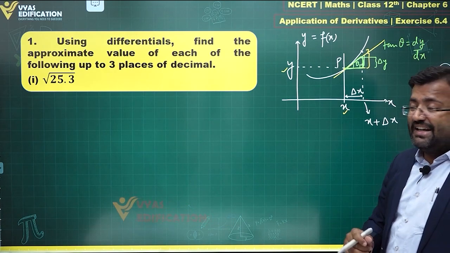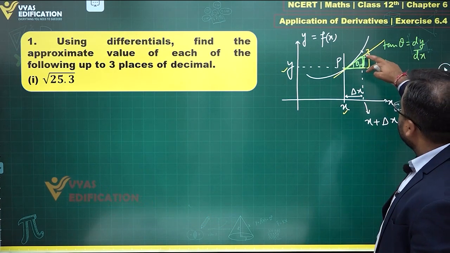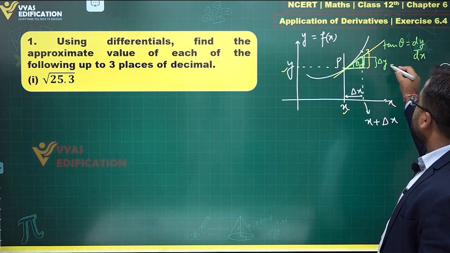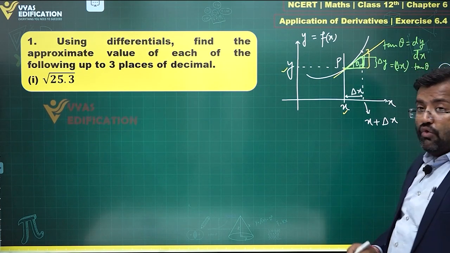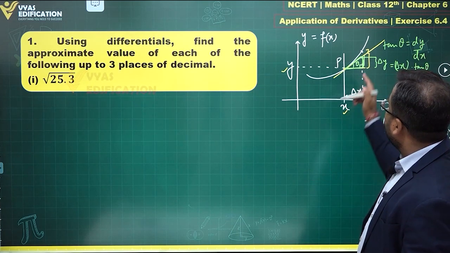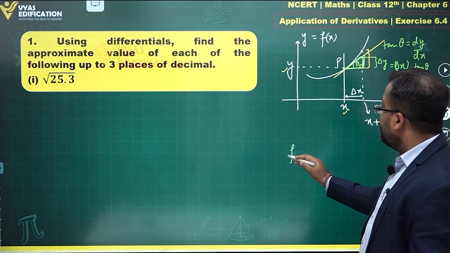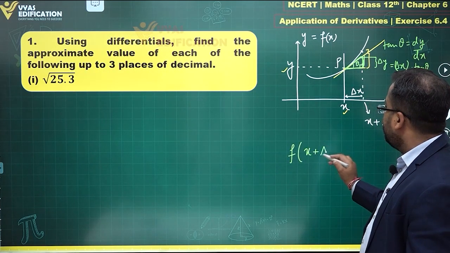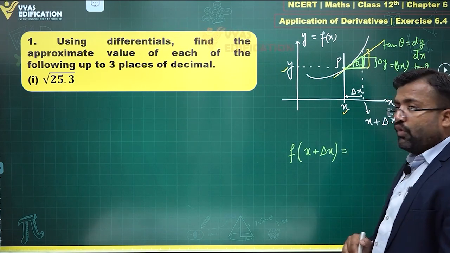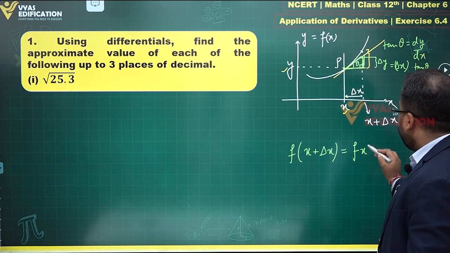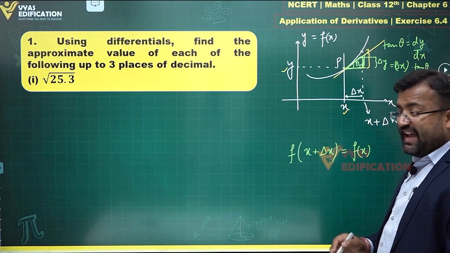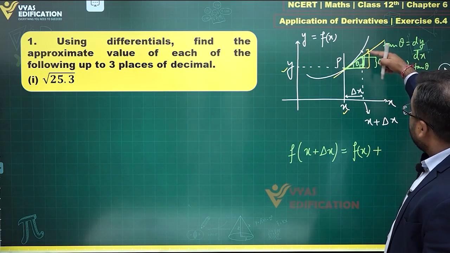This is approximately delta y, and delta y upon delta x will be tan theta. This will be equal to delta x times tan theta. So what does that give me? That gives me that the function f at x plus delta x will be equal to f of x, the value of the function at x, plus delta y.